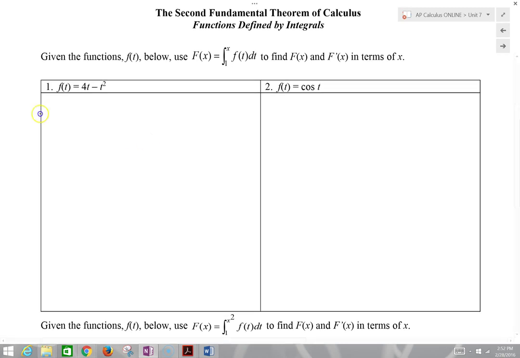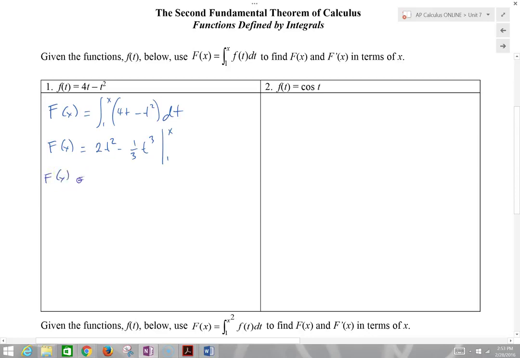Alright, so for starters, let's just write it all out. F of x is equal to the integral from 1 to x of 4t minus t squared. So we take the antiderivative of that. So F of x is equal to 2t squared minus 1/3 t cubed, and we're going to evaluate that at 1 and x.